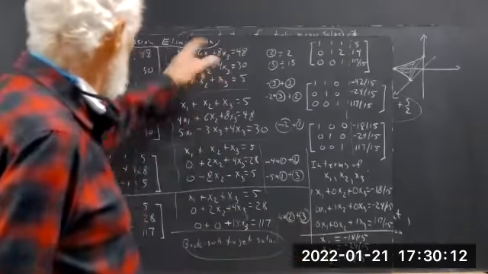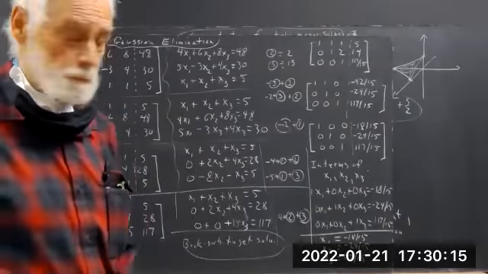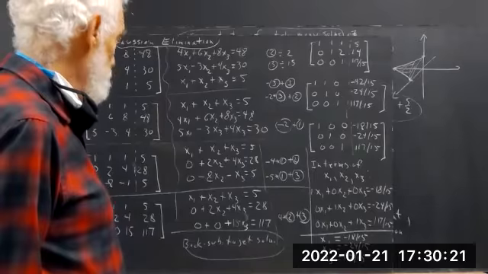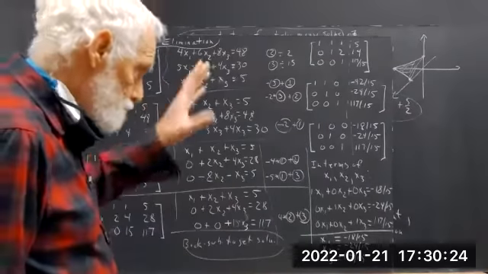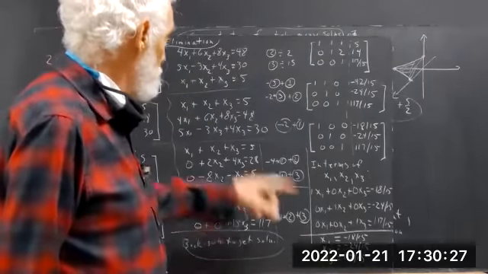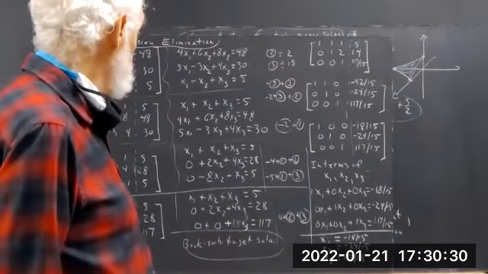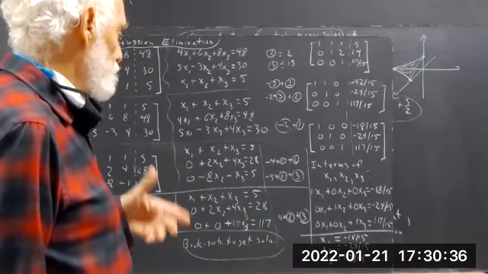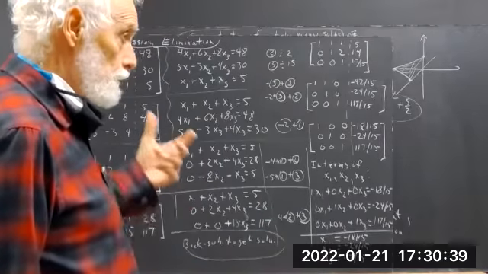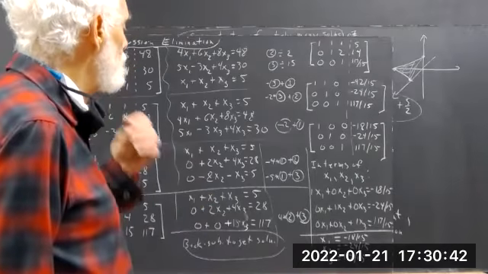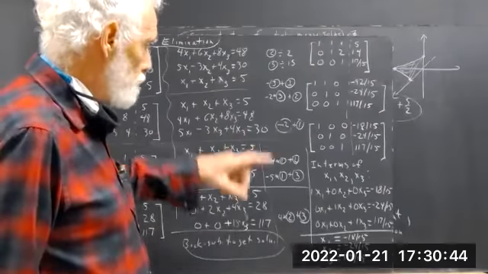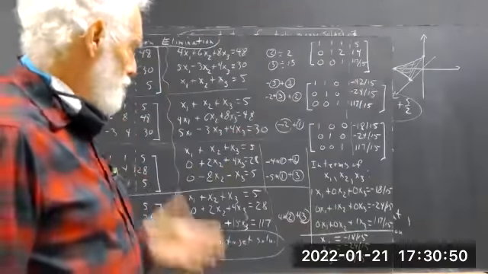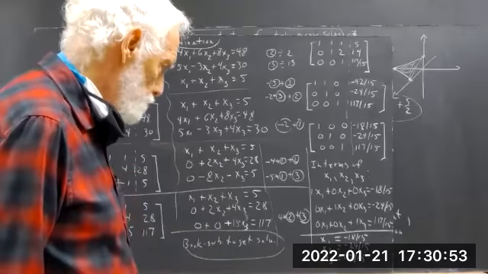I can plug these numbers into these equations and see if they work. Now, I suspect they might not. Let's see. 4x1 here would be negative 72 over 15. 6x2 would be negative 144. 72 plus 144 is 216. Negative 216 fifteenths. And then 8 times 117 is 880 plus 56, which is 936.